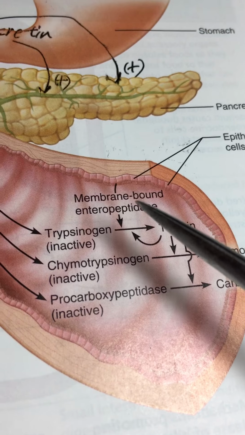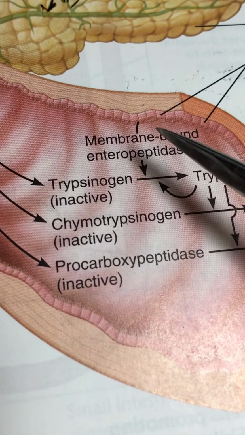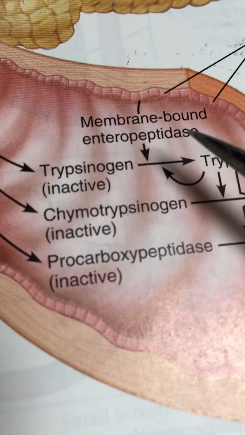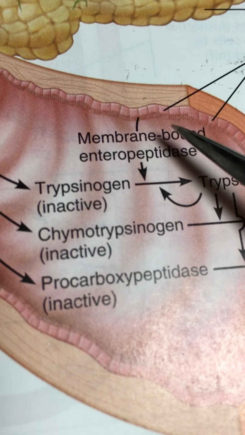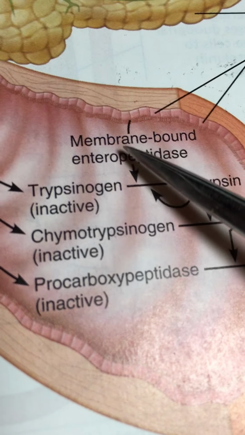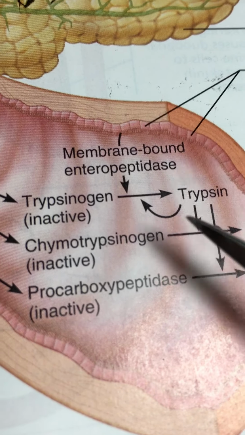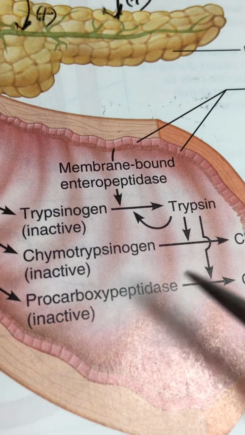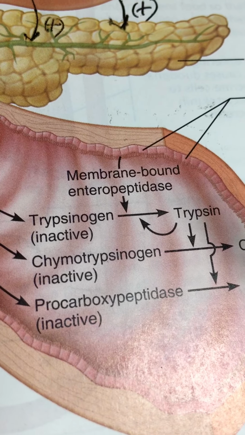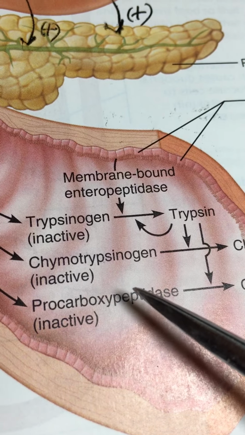Now, there is also another thing going on with the membrane here of the duodenum. We have membrane-bound enteropeptidase. And the enteropeptidase bound to the membrane here will activate the other enzymes here. Okay, and so that means that we get activation of the enzymes here in the small intestine.